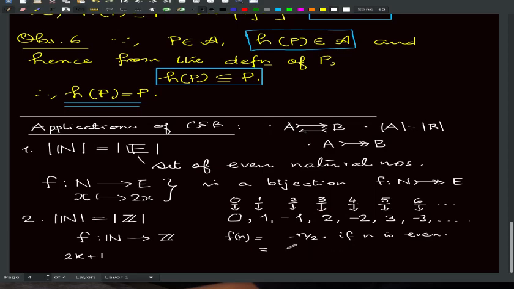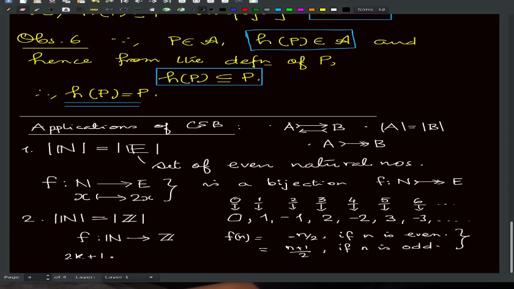You can also do it like this. Let's see: 1 plus 1 by 2, 3 plus 1 by 2, 5 plus 1 by 2, and so on. So that works.